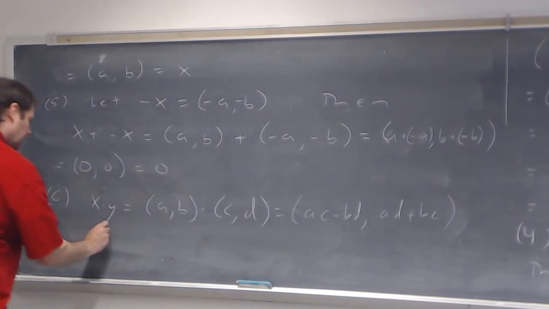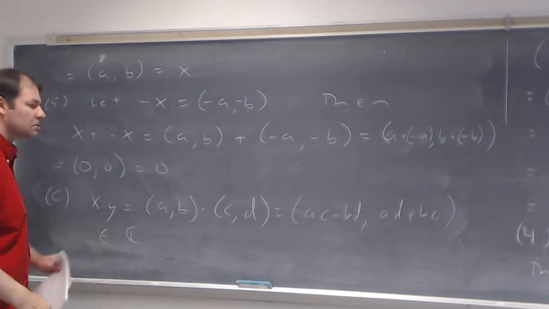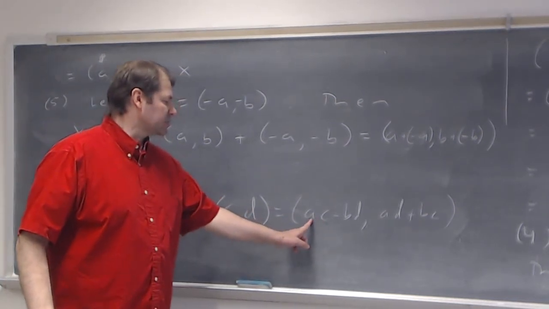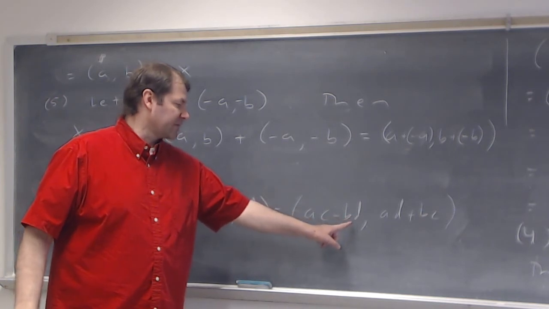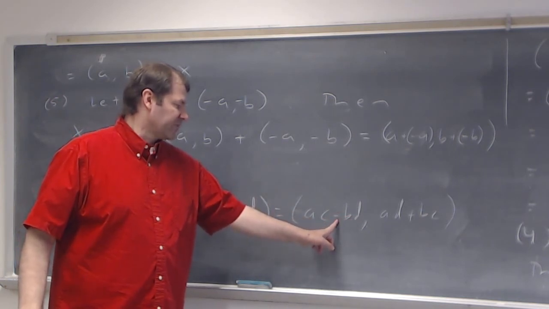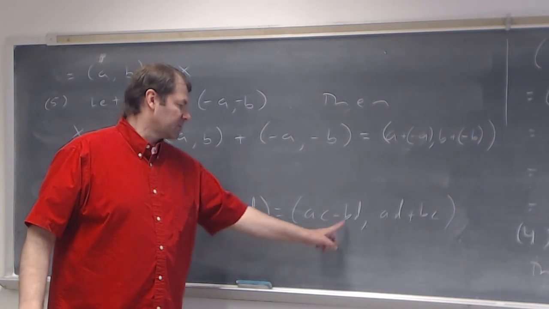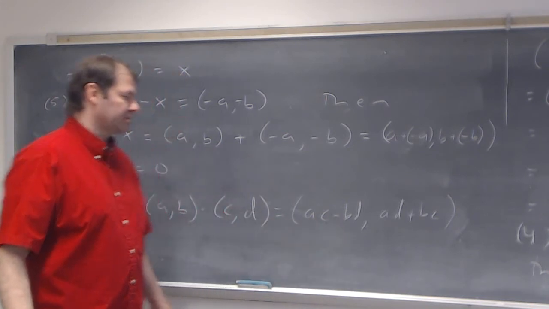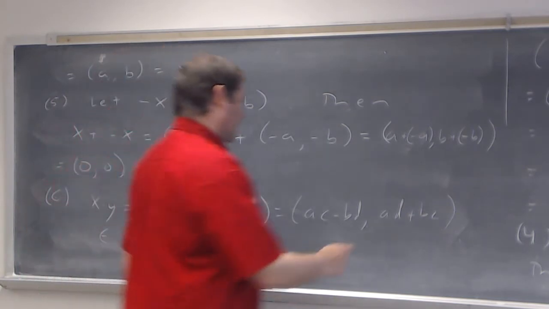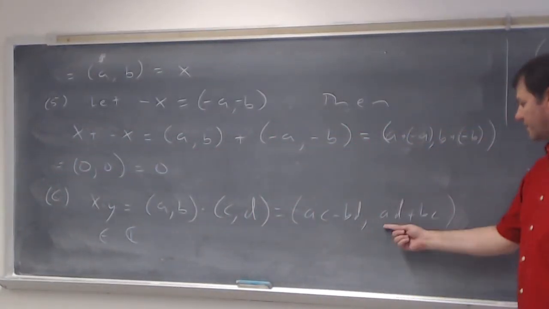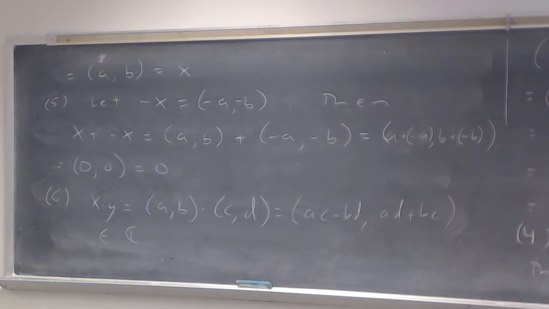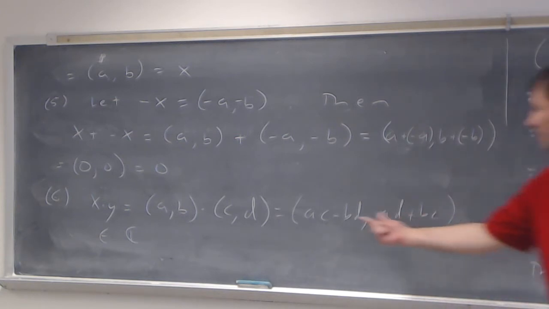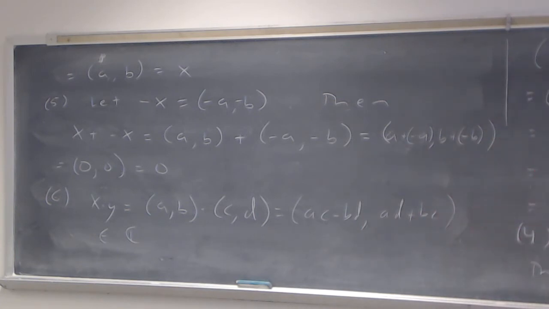And that's going to be a complex number because a and c are real numbers, so when you multiply them together, you get a real number. b and d are each real numbers, so when you multiply them together, you get a real number. If you take its additive inverse, that's a real number. And so when you add those two together, you get a real number. And the same thing is happening over here. a and d are real numbers, so you multiply them together, you get a real number. b and c are real numbers, so you multiply them together, and get a real number. Add two real numbers together, and you get a real number. And so we have a real number, comma, real number. That's a complex number. Okay, so that's what we have.